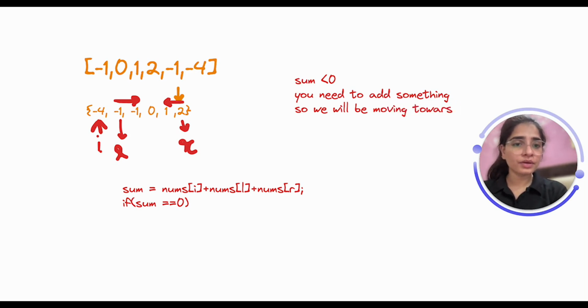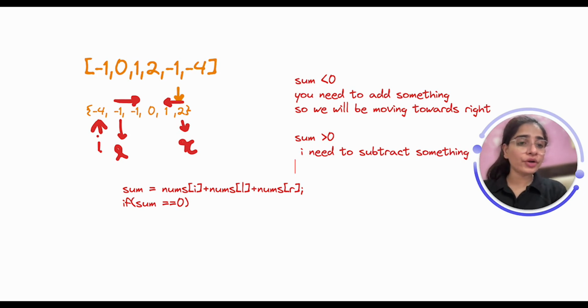We'll be moving towards the right because I know when I'm moving towards the right, I'm getting a bigger number. But if my sum is coming out to be greater than 0, I know I need to subtract something, so I want to get a smaller number, and I'll be moving towards the left because when moving left from my right side, I'll be getting a smaller number.